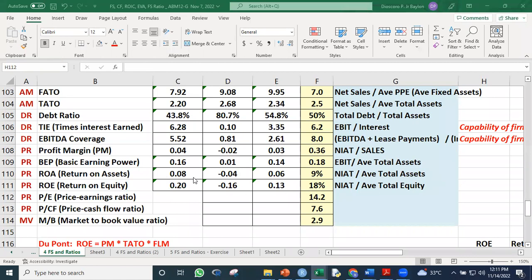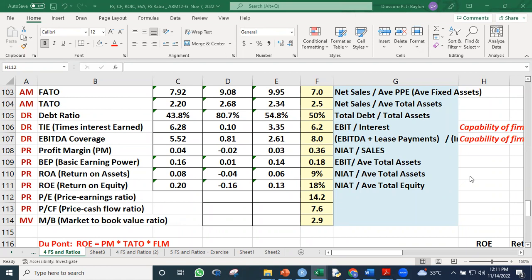Okay? Ito, return on assets, 0.08. Ano ibig sabihin nun? For every 100 peso of assets invested in assets, the company generated 8 pesos of net income or profit, no? 8 pesos. Bakit 8 pesos? Kasi I have to multiply this kasi si assets dito in-interpret ko as 100.